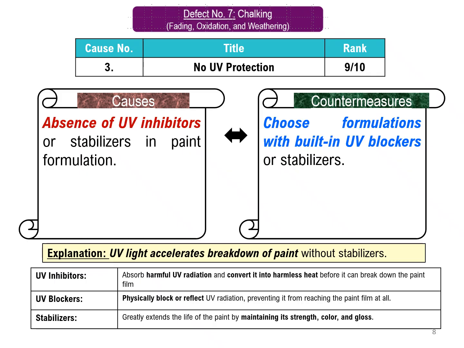Stabilizers greatly extend the life of the paint by maintaining its strength, color, and gloss. This is the third important reason, and we have ranked it 9 by 10. The countermeasure for it is to choose formulations with built-in UV blockers or stabilizers.